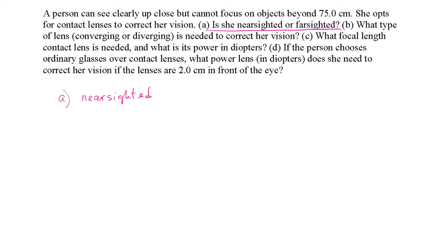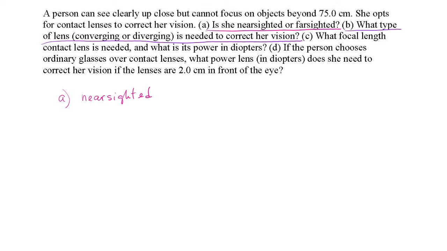The next question is, what type of lens, converging or diverging, is needed to correct her vision? Well, why is she nearsighted? How does nearsightedness happen? It usually is caused by an eyeball that is too long, although sometimes it is the curvature of the cornea that is too great.